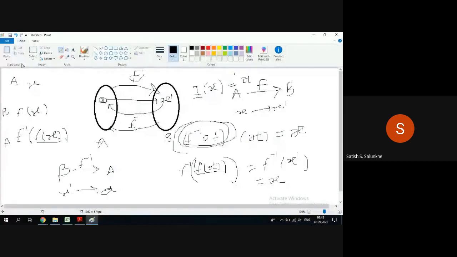Okay, there is some property of composition. Let me clear this.